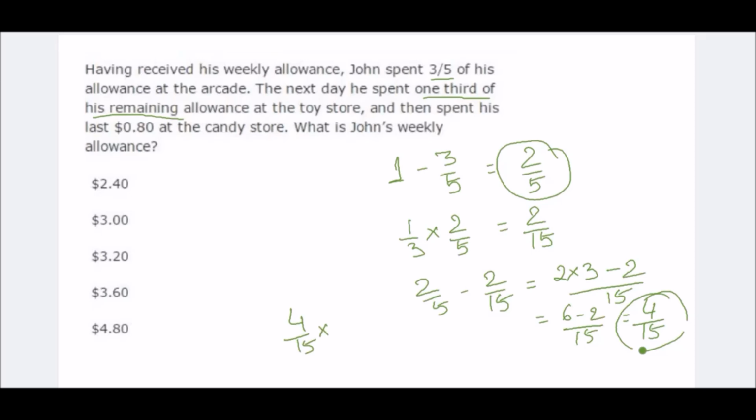Let's consider X is the weekly allowance. So 4 by 15 of X is equal to $0.8. We can find the X value, and that is our weekly allowance. 0.8 into 15 divided by 4. So that becomes our $3. So the answer is the second option.